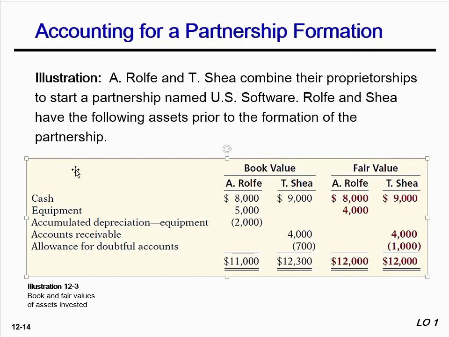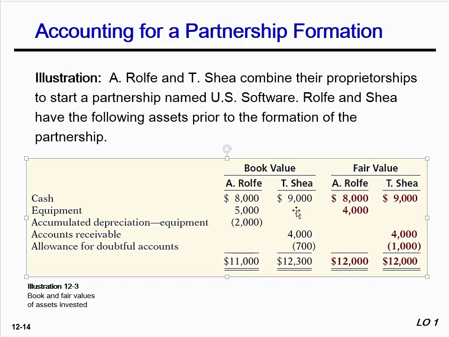So let's start from the cash. In the balance sheet of Adolphi, there was 8,000 cash, and of course the fair value for this 8,000 is going to be 8,000 because cash is cash. Tishia had $9,000 in his balance sheet as cash, and the fair value is also 9,000. Equipment: Adolphi has equipment of 5,000.